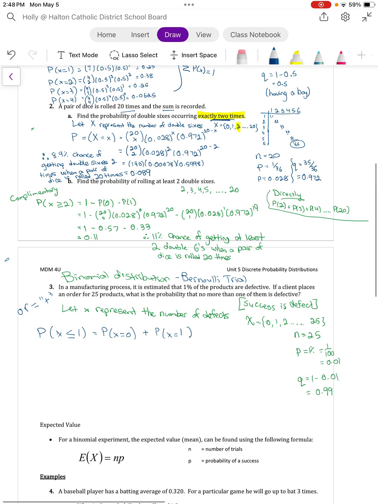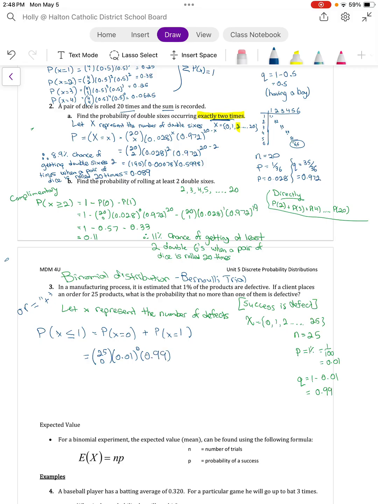And so we can use our formula. 25 choose 0, probability of success 0.01 to the exponent of 0, times 0.99 to the exponent of 25, plus 25 choose 1, meaning we have 0.01 to the exponent of 1 and 0.99 to the exponent of 24.